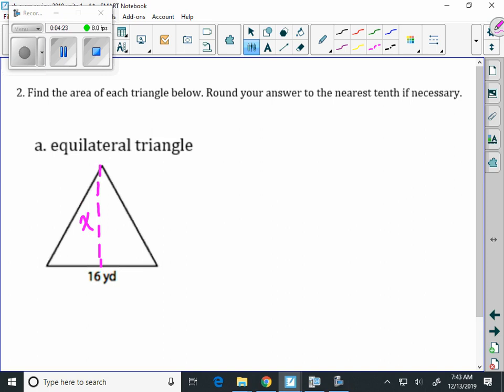But when we draw in the height here, it actually turns out that it's a perpendicular bisector. So that means that this length is 8 and this length is 8. An equilateral triangle has 3 congruent sides, so this is 16, and we're going to use the Pythagorean theorem to figure out that value here, which is going to be 8 squared plus x squared equals 16 squared.